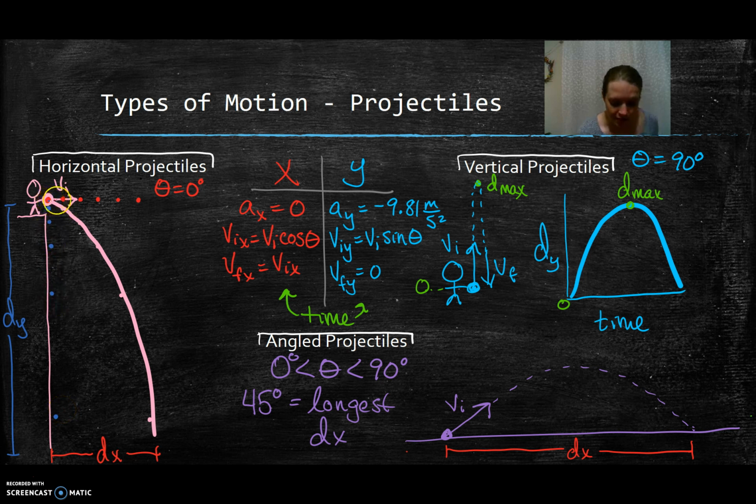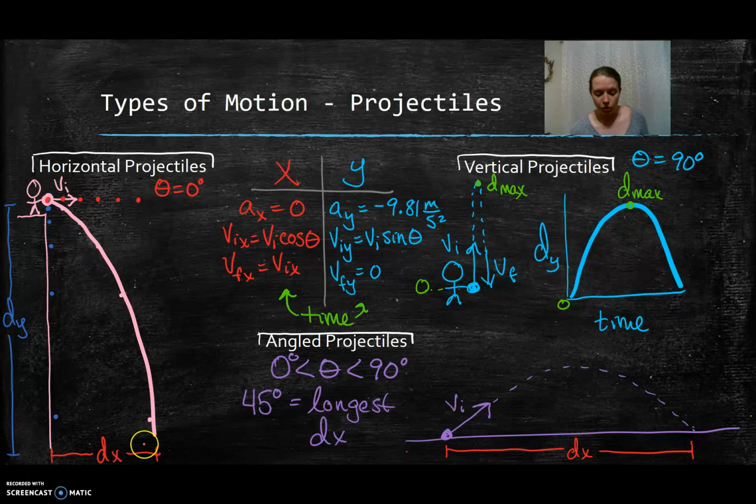If we line up this regular linear constant velocity motion in the x direction with an accelerating freefall motion in the y direction and put them together, we get the path of a horizontal projectile. So it moves the same distance each second in the x direction, but it moves a little farther each second in the y direction. And this is the classic parabolic path.